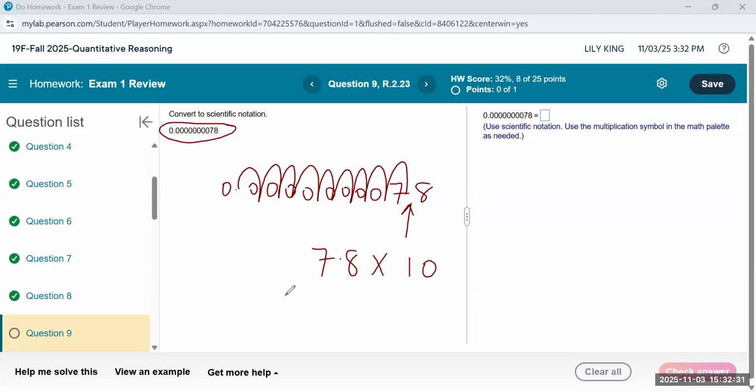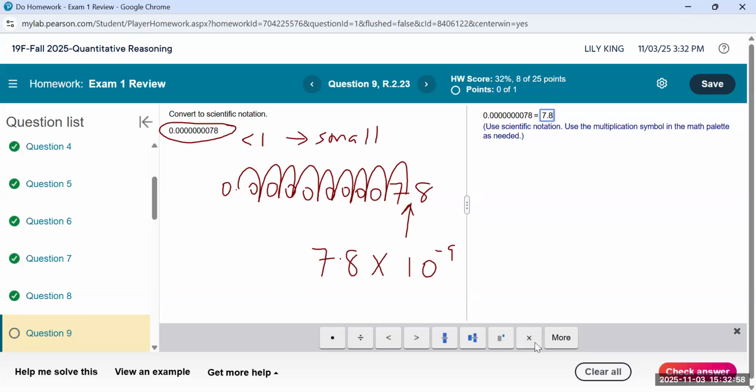If this number is very small, how small is small? If it is less than 1, we are saying the number is what? Small. And therefore, making the exponent negative is going to make the number what? Small. All right. And the 9 is how many times you move your decimal point till you meet the 1 to 9 digit. So we have 7.8 times 10 exponent negative 9.